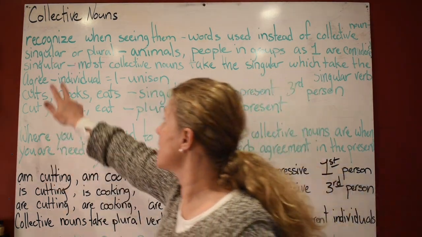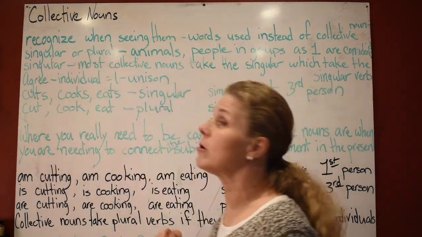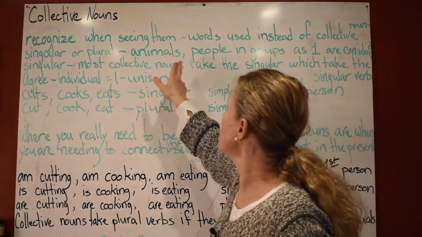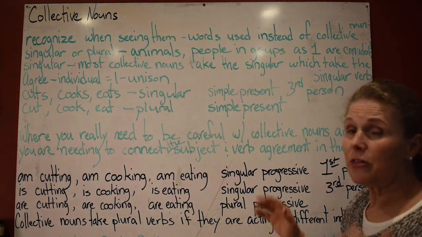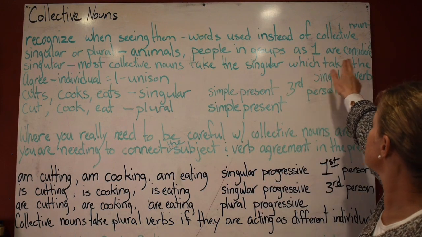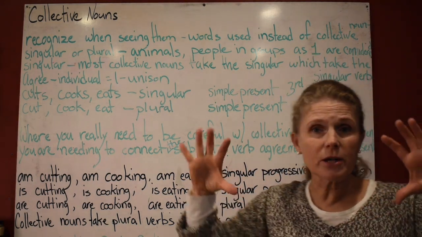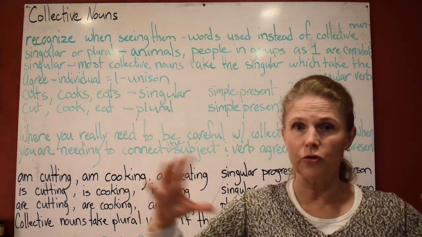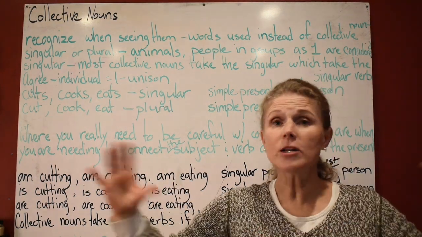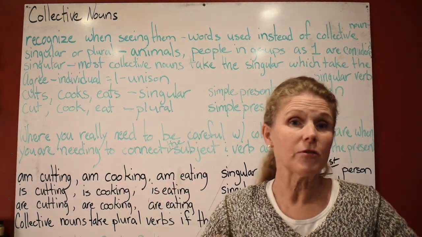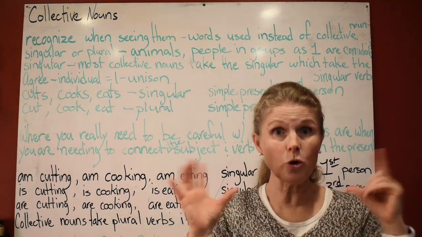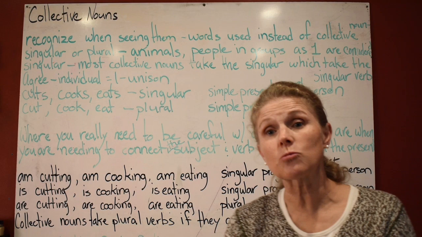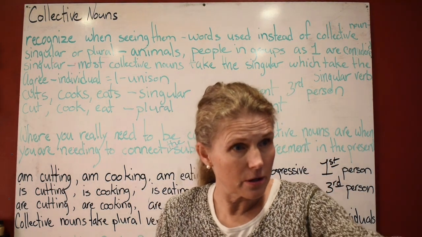Collective nouns can take the singular or the plural. We mostly see them with animals and people in groups, and they're considered as one big thing. You can have hundreds, you can have five, whatever, but it's considered one group. And if it's considered as one, it's going to take the singular.